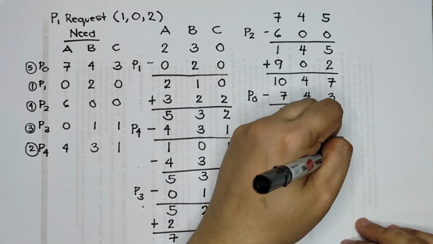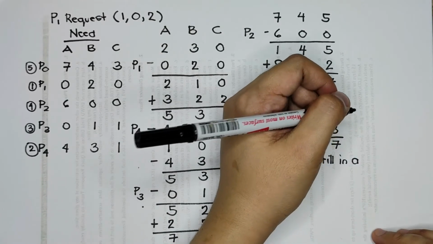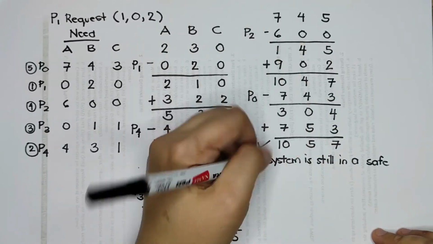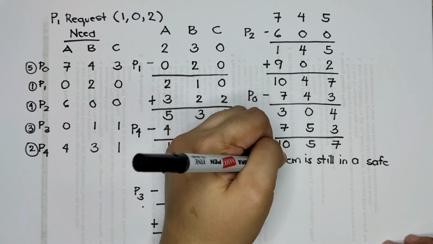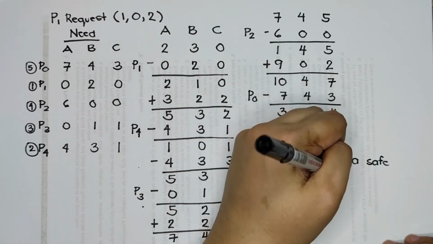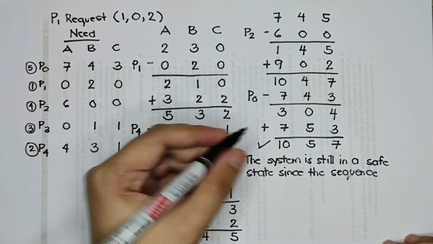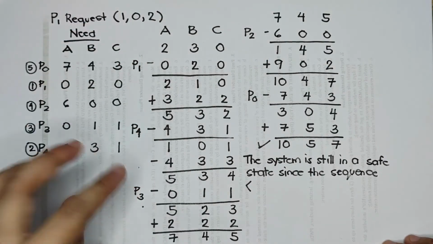So we can conclude, let's have a conclusion, the system is still in a safe state since the sequence, okay, the sequence again, let's enumerate the sequence.